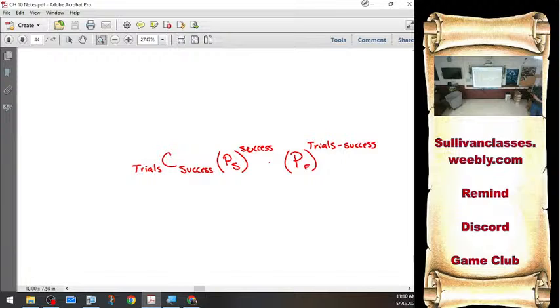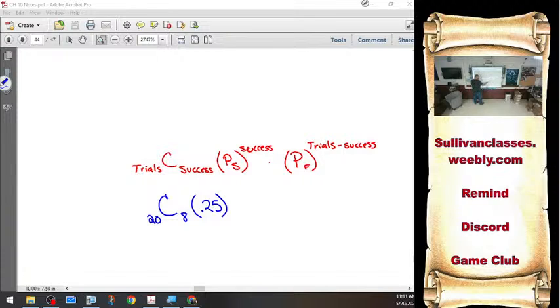That's binomial probability. So I would say Will is at bat 20 times, and I want him to be successful, hit the ball 8 times. Does that just mean get a hit? Get a hit. So 20 times at bat, he hits the ball 8 times. The probability that he's successful is 0.25.